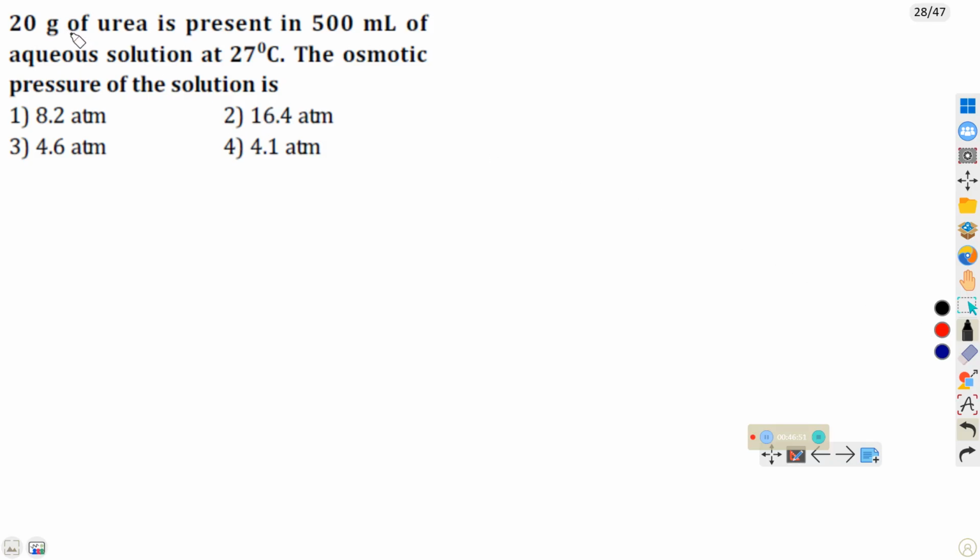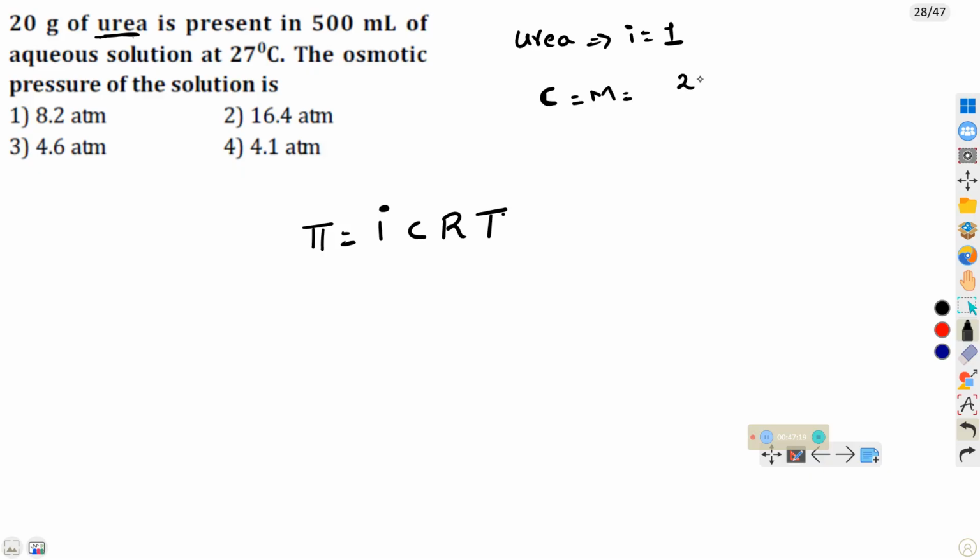3 grams of urea is present in 500 mL of aqueous solution at 27 degrees Celsius. Calculate the osmotic pressure. Pi is equal to iCRT. For urea, the van't Hoff factor i is equal to 1. Concentration is not given; concentration is expressed in terms of molarity, weight by molecular weight.